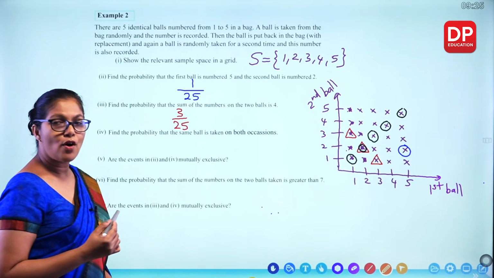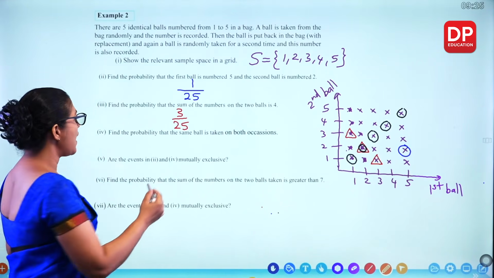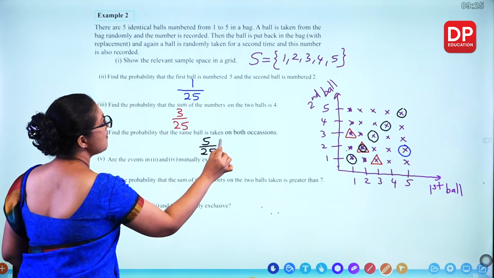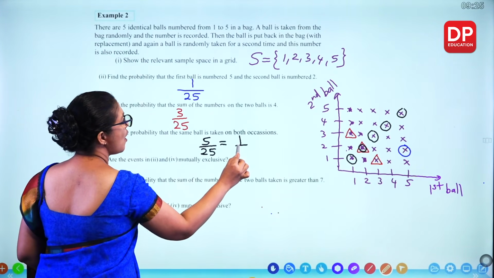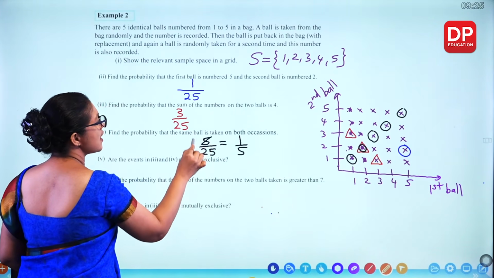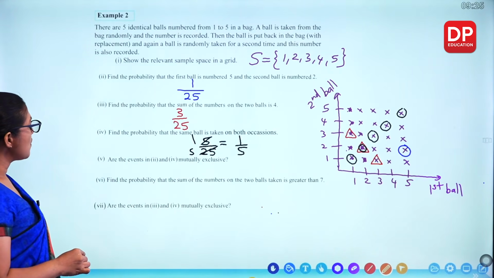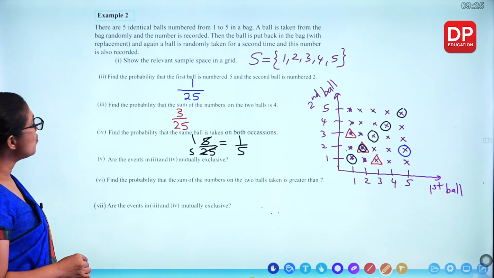So how many outcomes altogether? 5 outcomes out of 25. I can simplify and write down 1 over 5. 5 times 1, 5 times 5. 1 over 5.